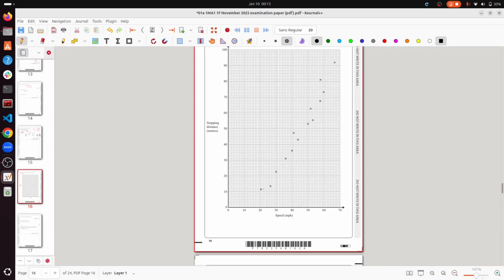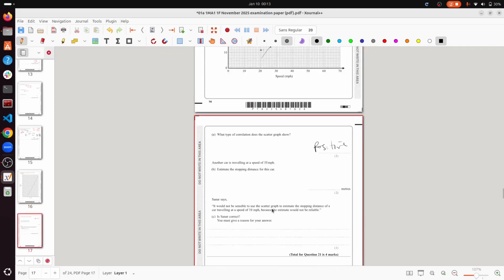I don't have a ruler, I can't find one now, but using a ruler, you draw a straight line going through the majority of the points, having an almost equal number of points on either side. So that's how you use this. I'm just going to draw a rough one, something like this. It's not very accurate, but I'm just giving you an idea of how to use it.